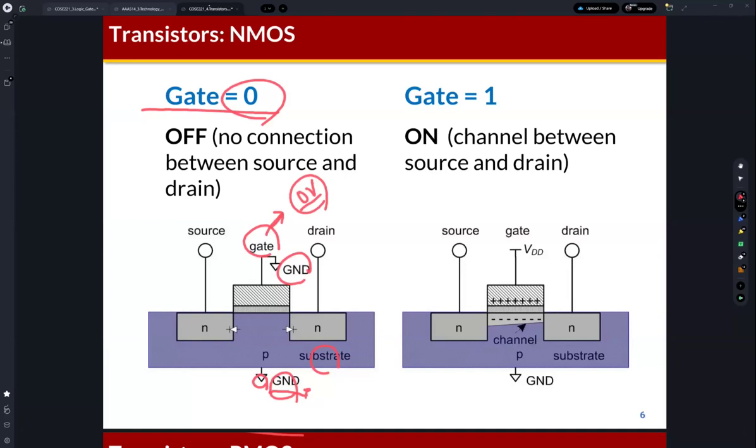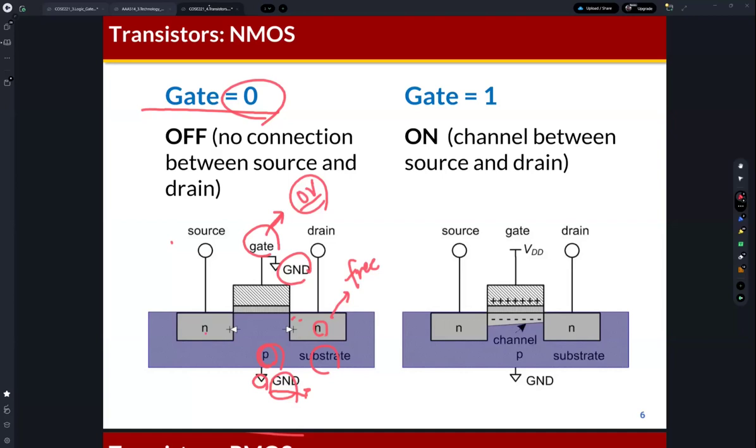So this is just P and this is just N, this is just N. So even though this N-type silicon has many free electrons, because of this P substrate, free electrons cannot move between source and drain, right? Do you understand? So it's the same as the disconnection of a circuit, right?